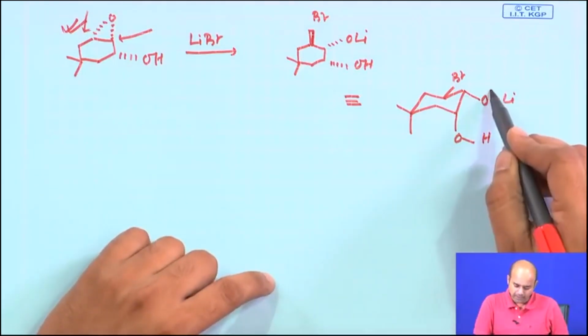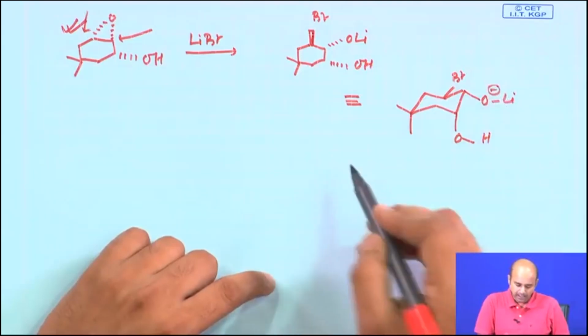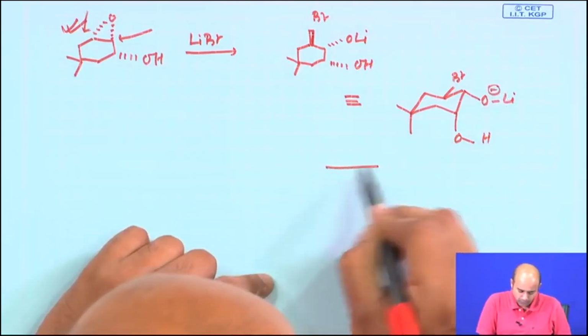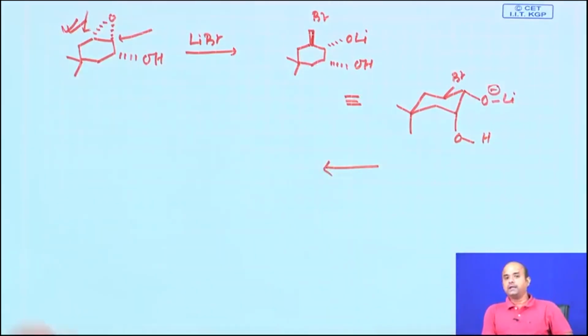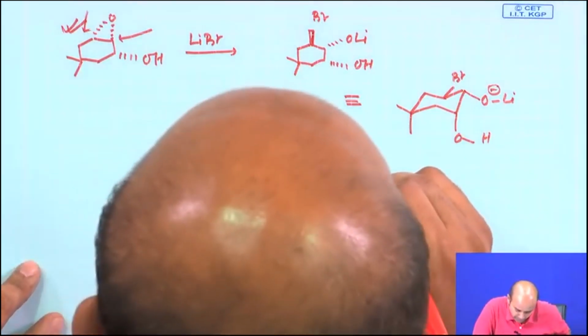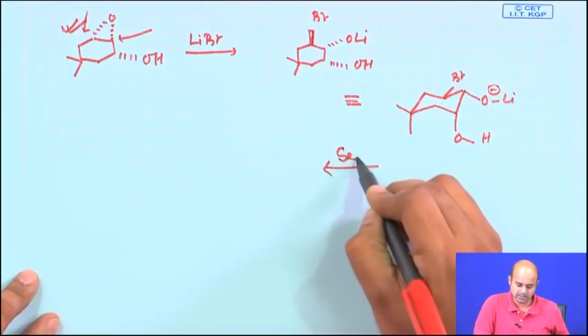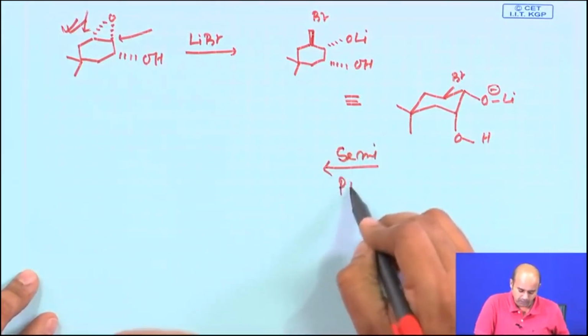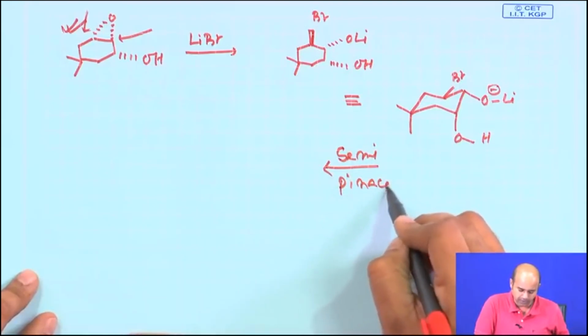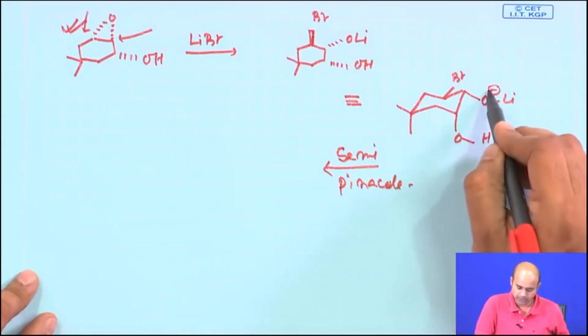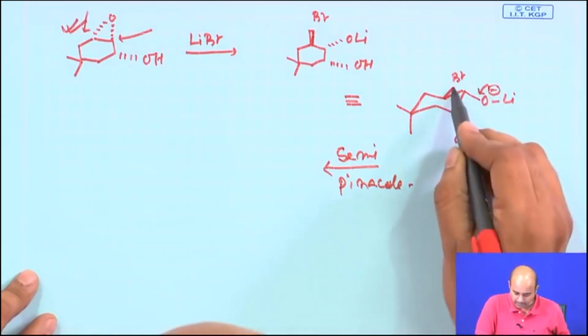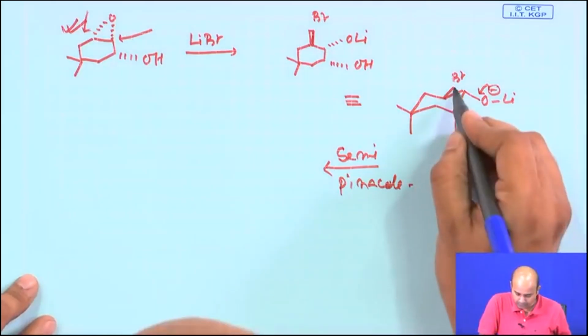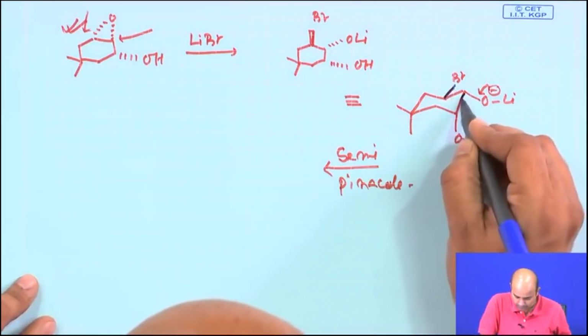Now, this is O minus and all of us know 1,2 anti geometry, it will undergo a semi-pinacol, pinacolone type of rearrangement. Now, how this comes here, this bond and this bond are anti.